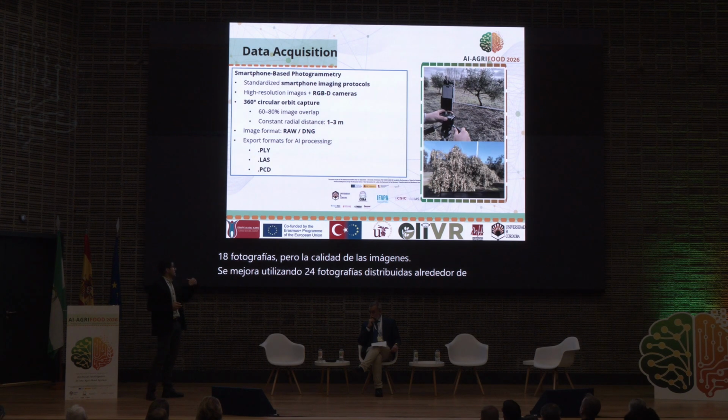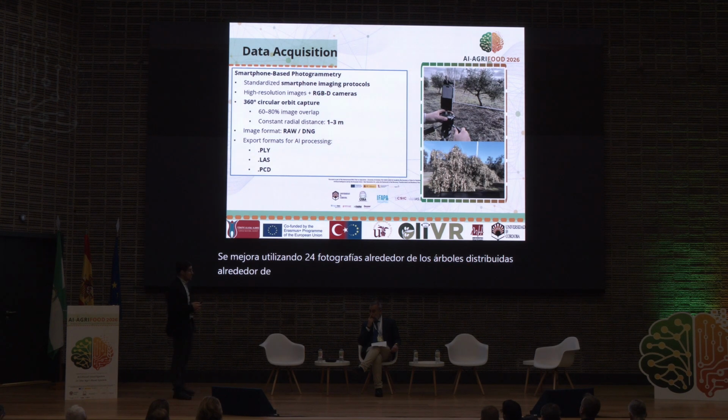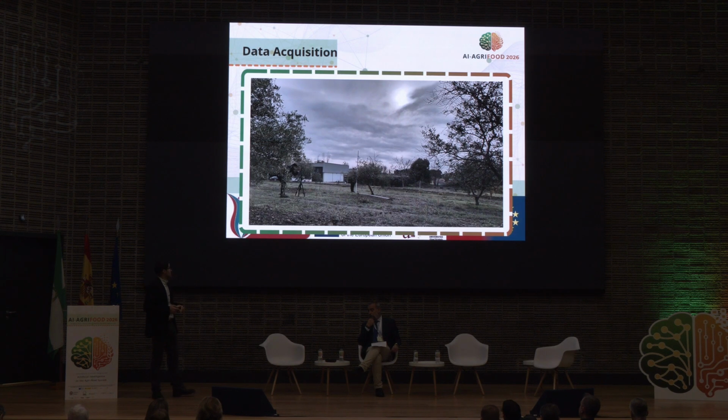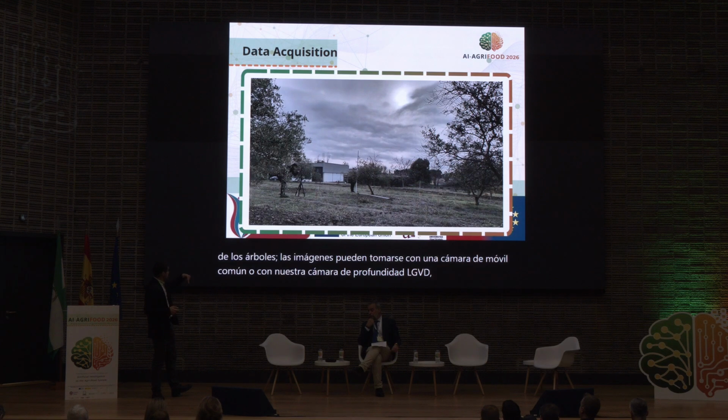The images could be taken using a common mobile phone camera or using our RGBD depth camera, which gives us the RGBD image and even the depth image of the olive. This is a setting of the images, places in which we took an image, distributing around the tree, measuring around the tree trunk, looking for the tree trunk center.